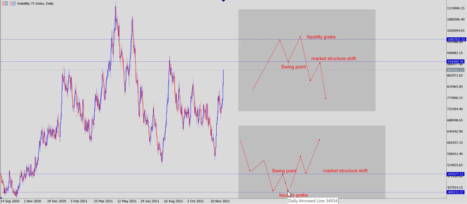It's different from a mitigation block, which would have failed to make a lower low to show you that we are changing trend. With this one, it will go quickly to the top there and grab liquidity. It has shown that the trend is continuously going, but now as they go down to break this point here, this is what we're calling a breaker.